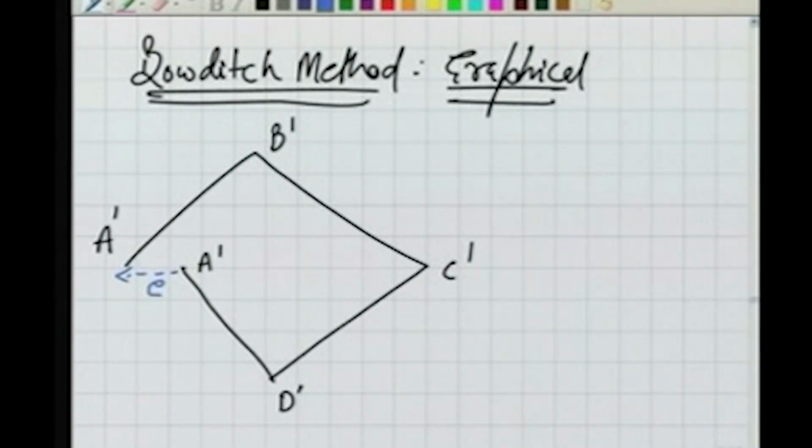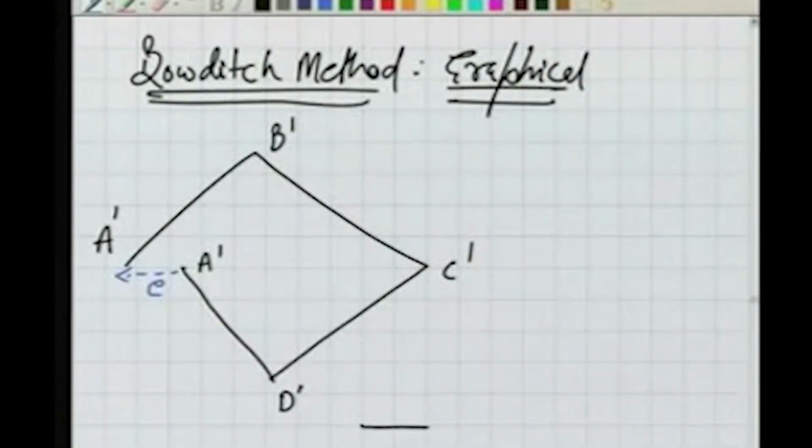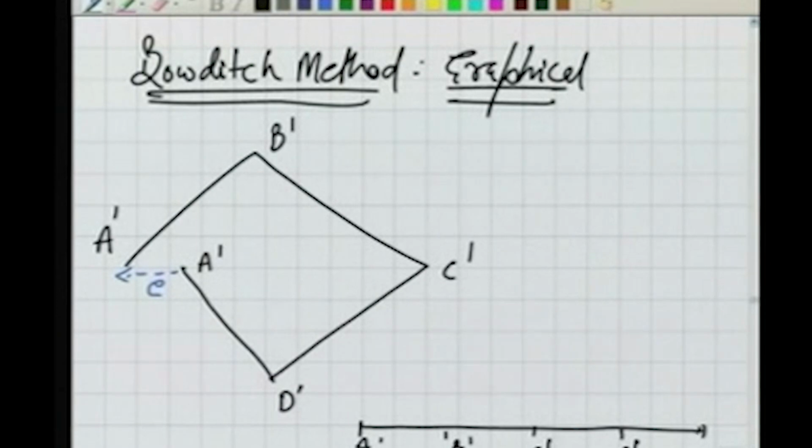We apply the correction by a linear rule, and I am drawing it graphically here. We draw a line equal to the perimeter of the traverse. So, for example, let us say we start from A, B dash, C dash, D dash and again A dash. Now, the total error which is there, let us say is E.